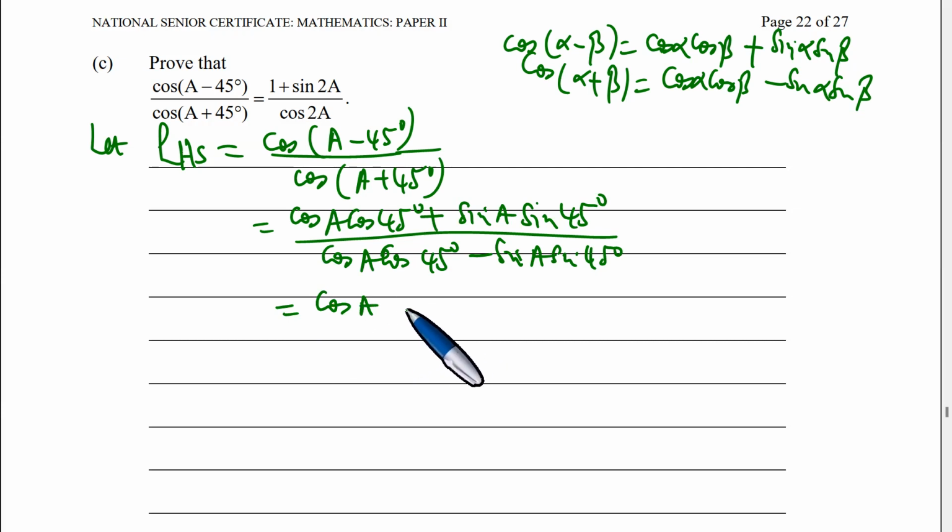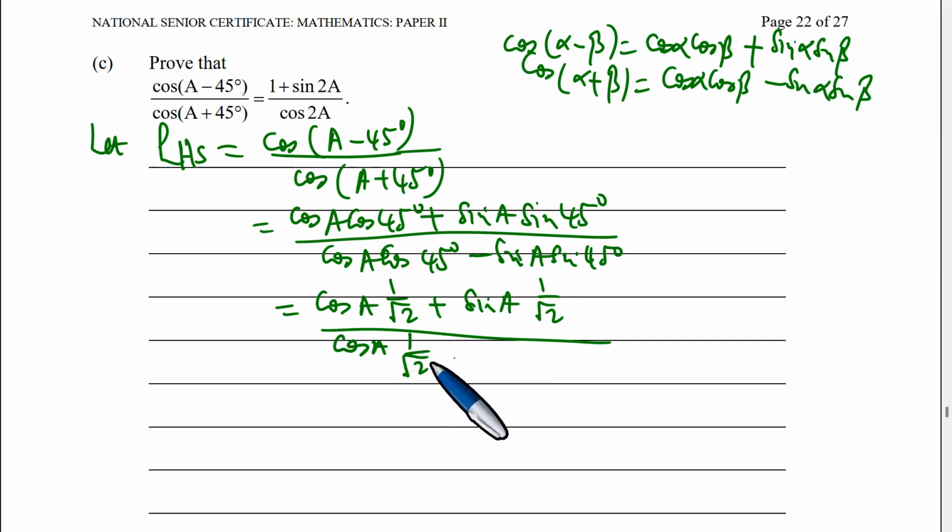Cosine A, this is 1 over the square root of 2, plus the sine of A times 1 over the square root of 2, divided by cosine A times 1 over the square root of 2 minus the sine of A times 1 over the square root of 2.